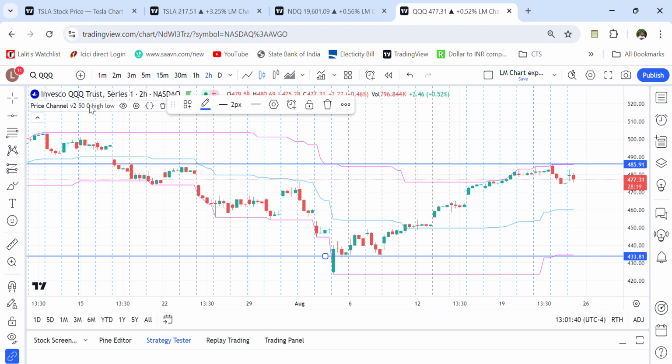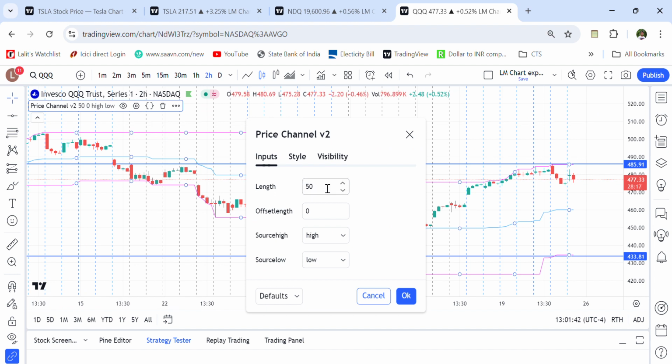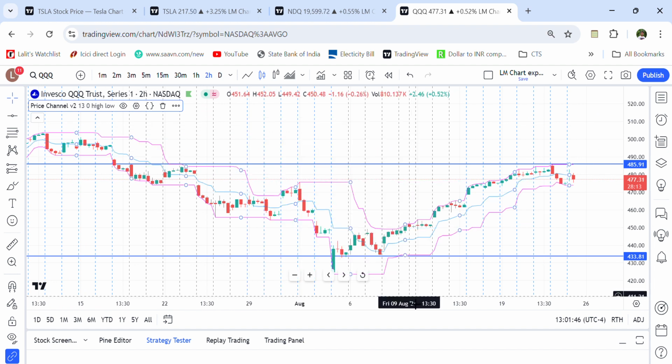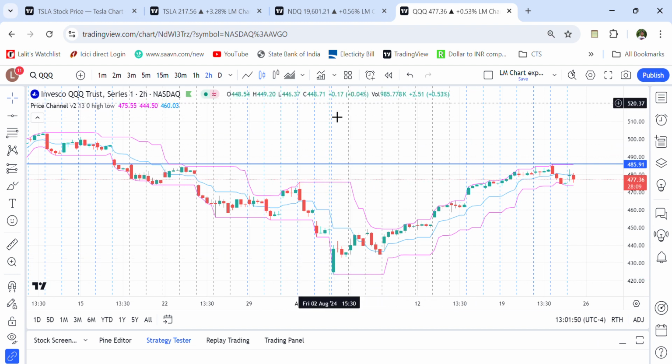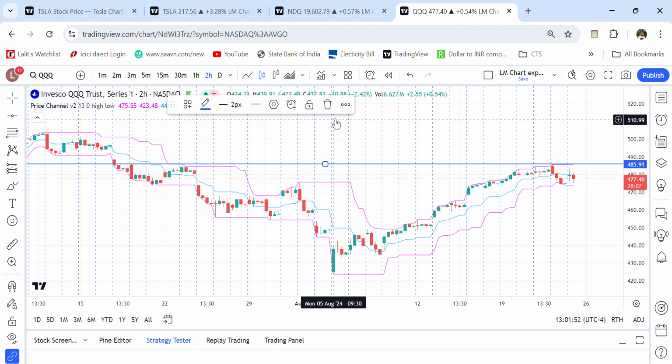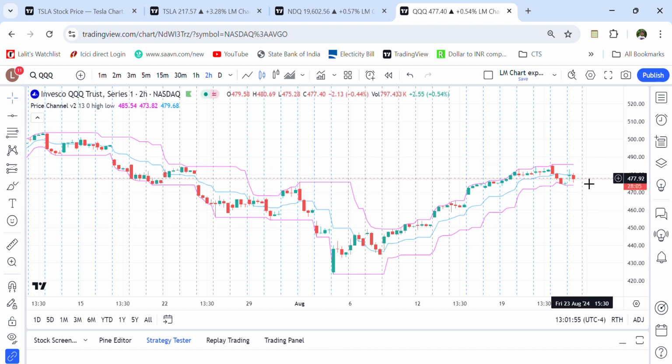So let's make this price channel 13. Okay, so that it will give you the range, I'll remove these lines so that they don't confuse you. Now these 2 hour candles are giving you a range in the last 2 days, what is the low and what is the high.